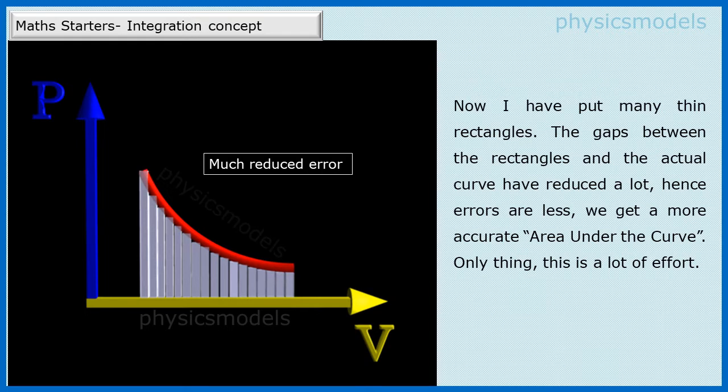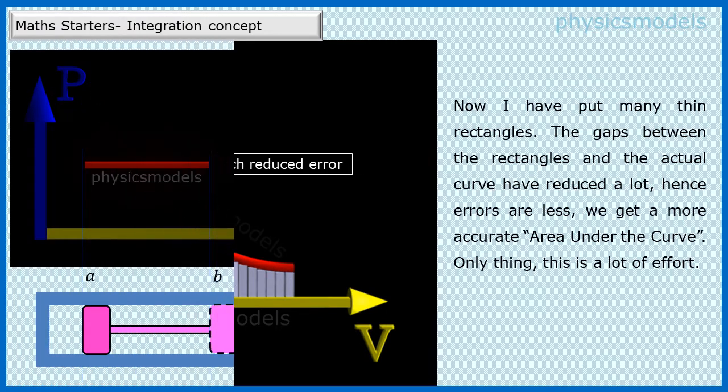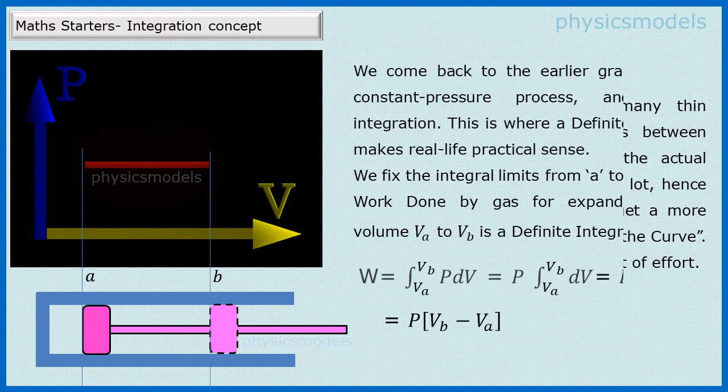You can see here that the more the rectangles and the thinner they are, the smaller the gaps are with respect to the graph. The smaller the gaps between the rectangles and the red curve, the more accurate the area under the curve will be.